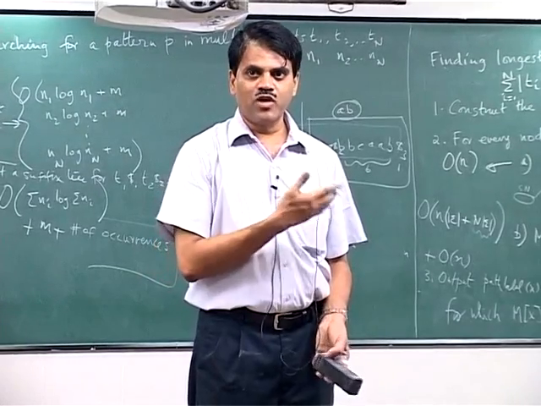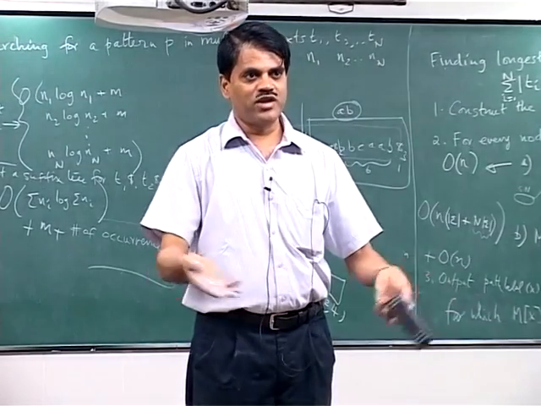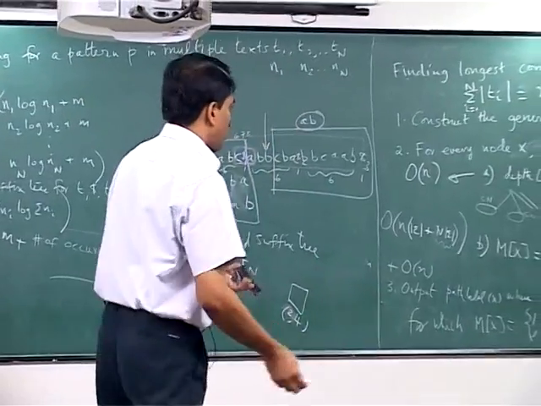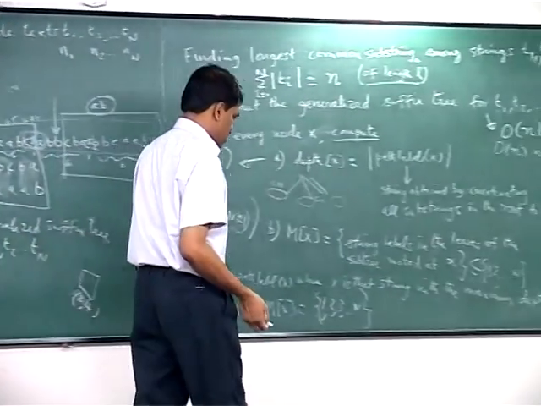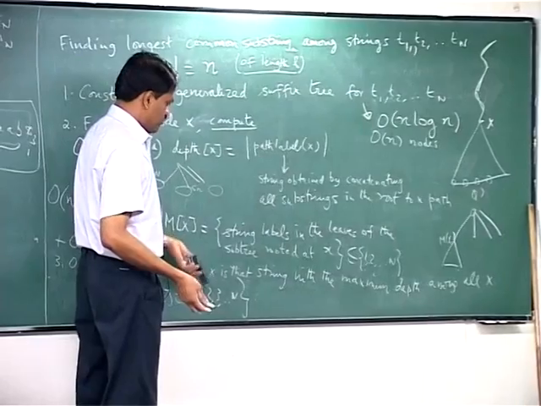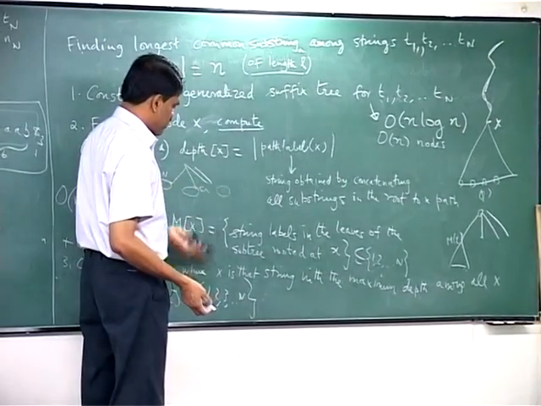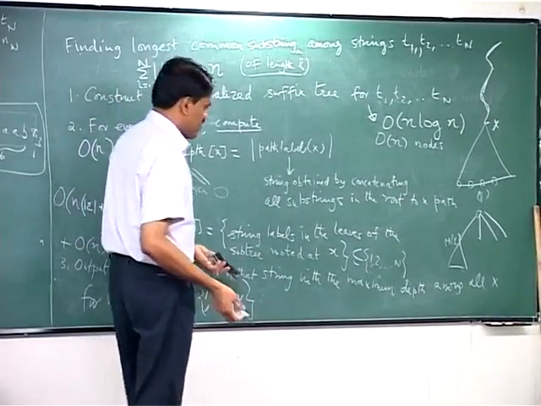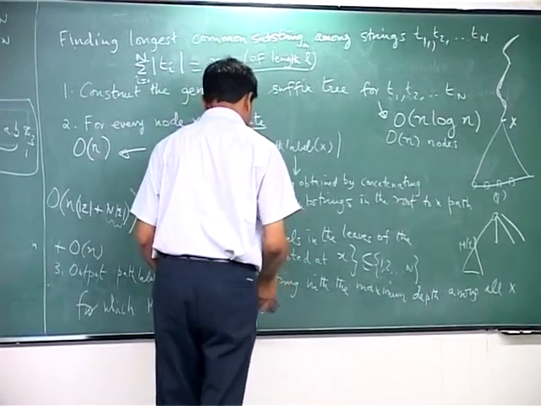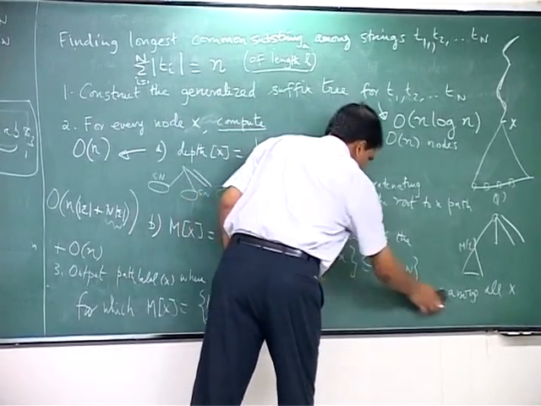I mean, you do the same. You have everything there. You have the depth values, you have the m values. So output the path label x. In fact, you may output a lot of them with the maximum depth, or instead where x is that string of length L.